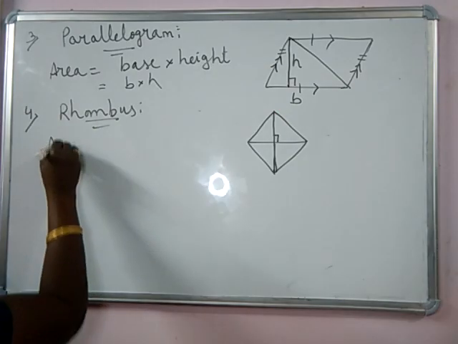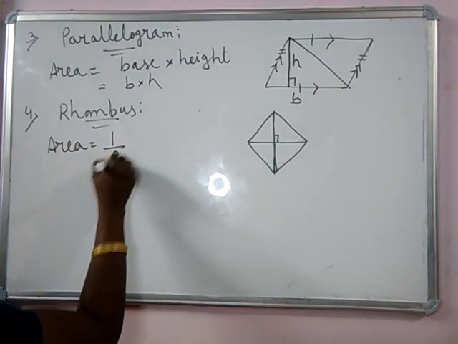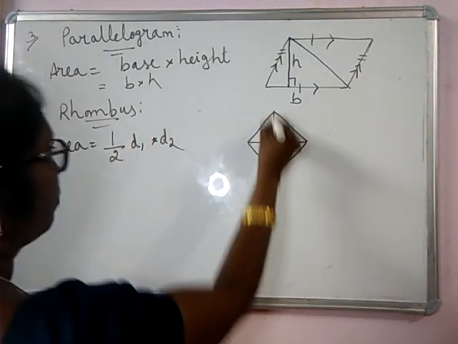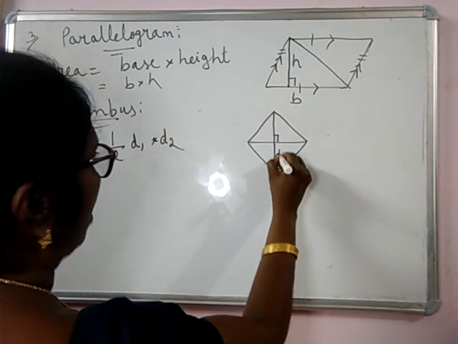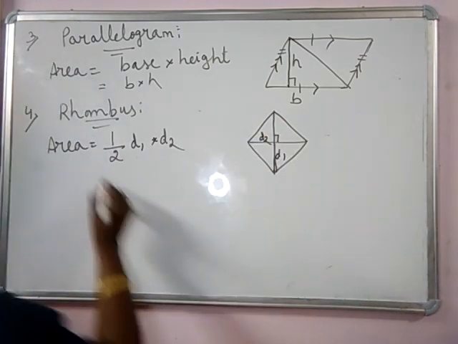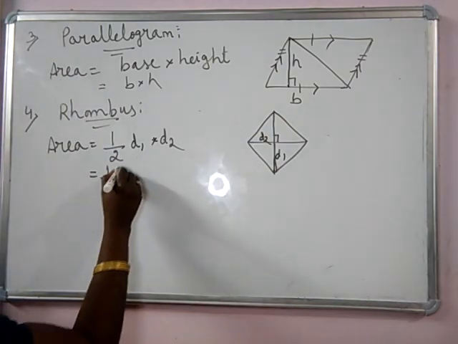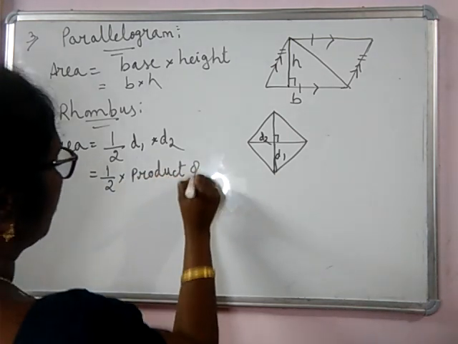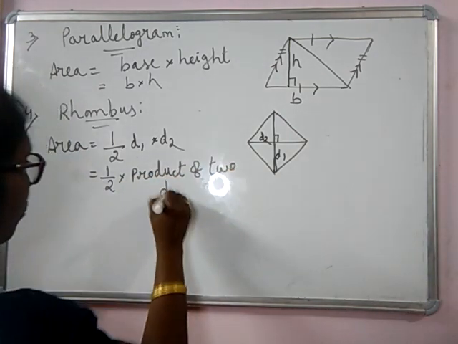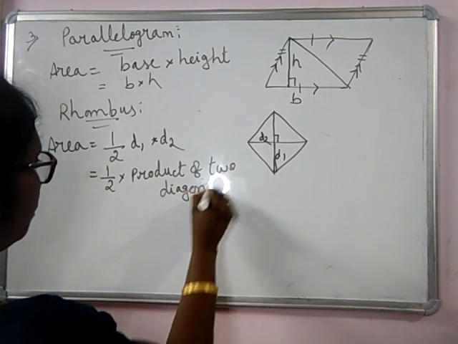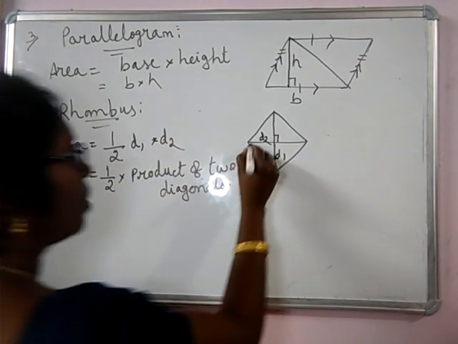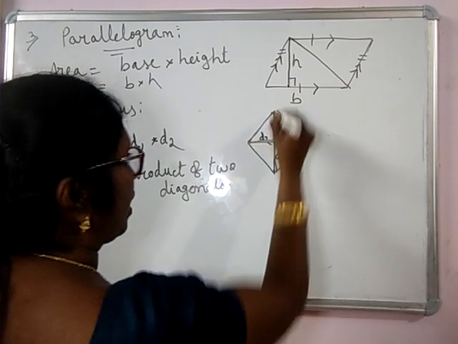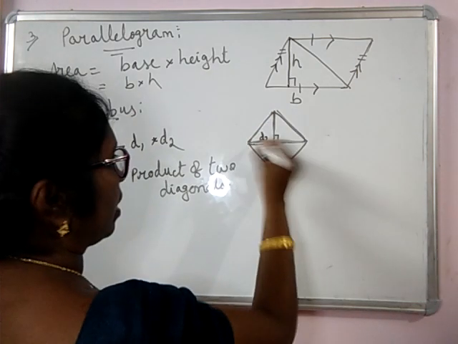So area of a rhombus is half into D1 into D2, if D1 and D2 are the two diagonals of the rhombus, half into product of two diagonals. Do you want to know how? Suppose this is D2, this is one triangle, this is another triangle.